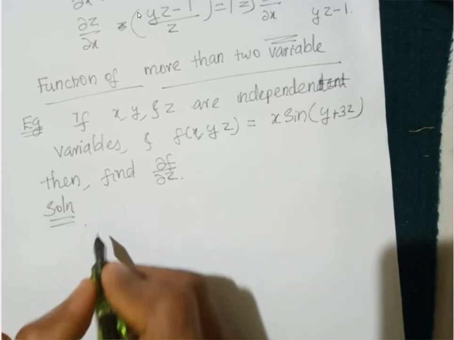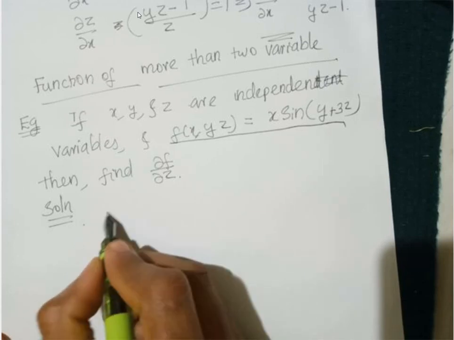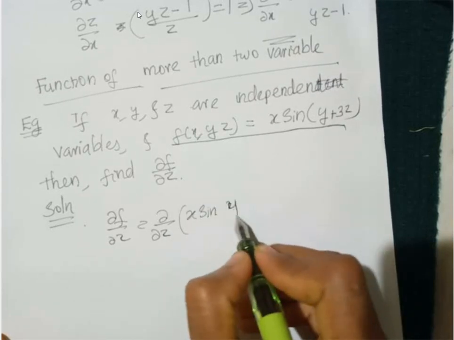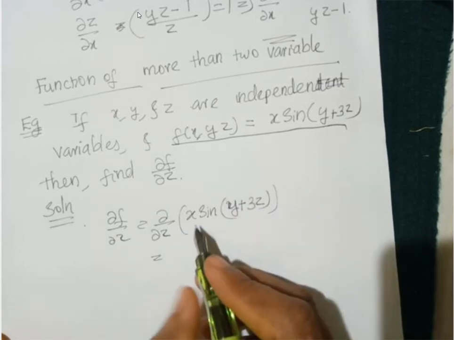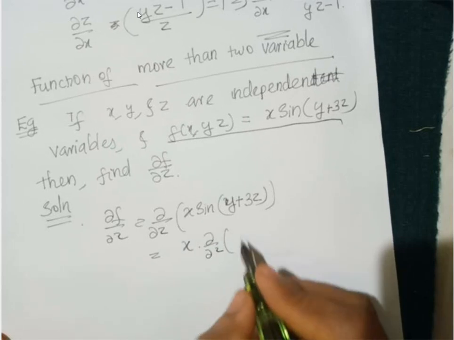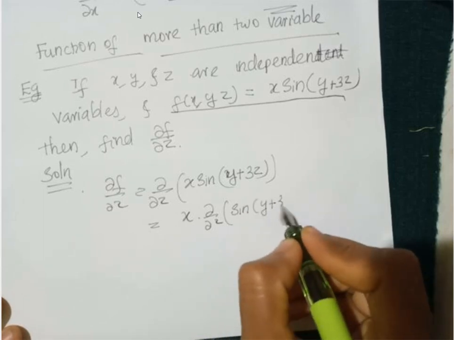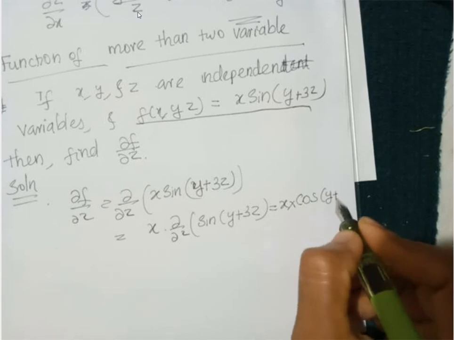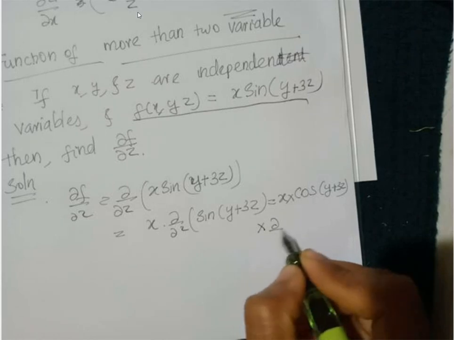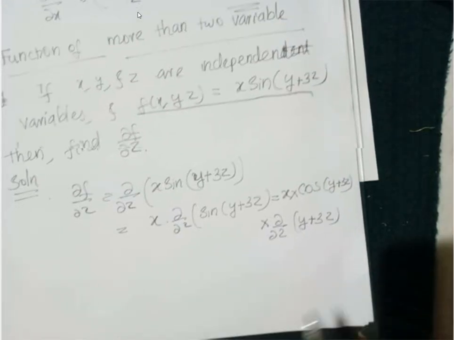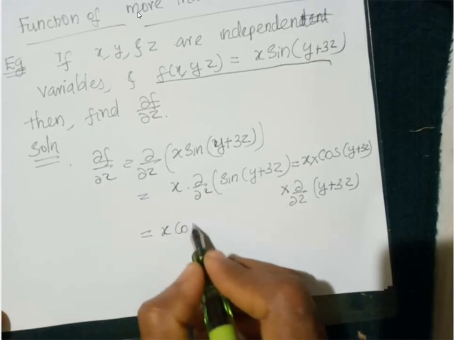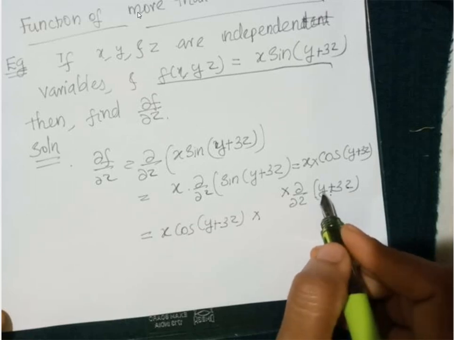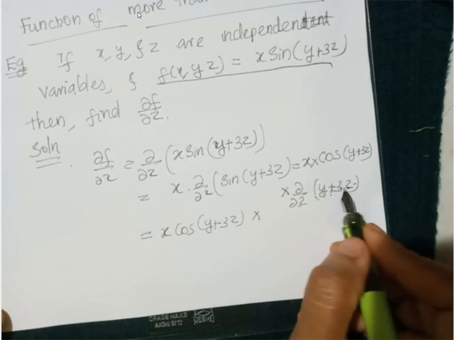So ∂f/∂z equals ∂/∂z of x sin(y + 3z), which is x, a constant, times ∂/∂z of sin(y + 3z). That equals x times cos(y + 3z) times ∂/∂z of (y + 3z). The derivative of y with respect to z is 0, and the derivative of 3z is 3 times the derivative of z with respect to z, that is 1.